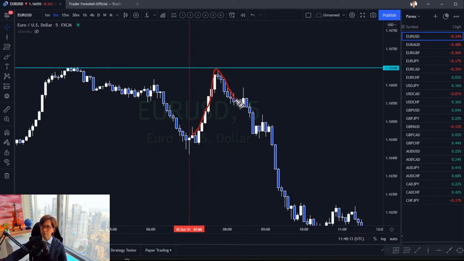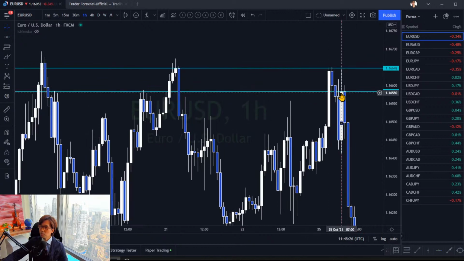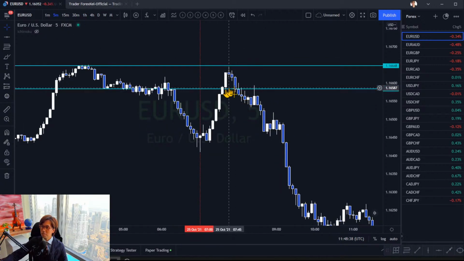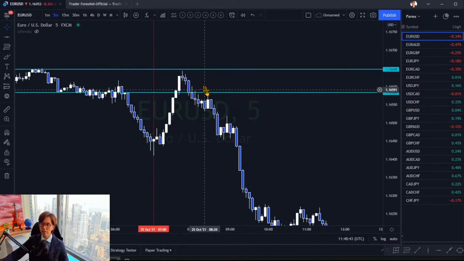But if you draw the line on the body of the 1 hour candlestick, it will be here. This is the close price of this 1 hour candlestick, which was 1.1658. If you look at it in the 5-minute chart again, that level becomes here. So which one is better, 1.1658 or 1.1664?